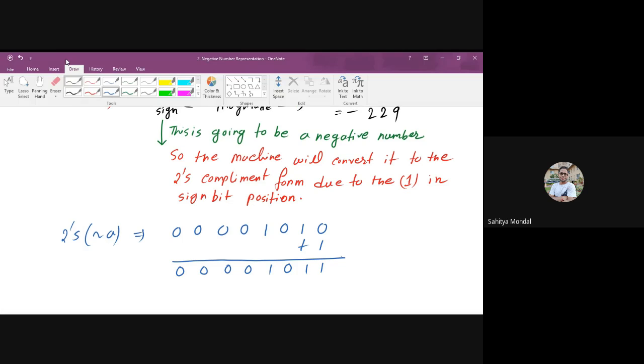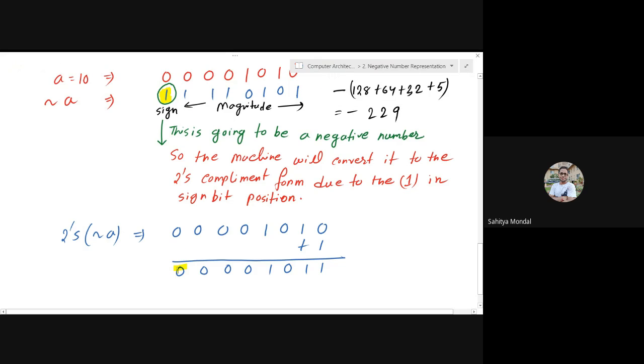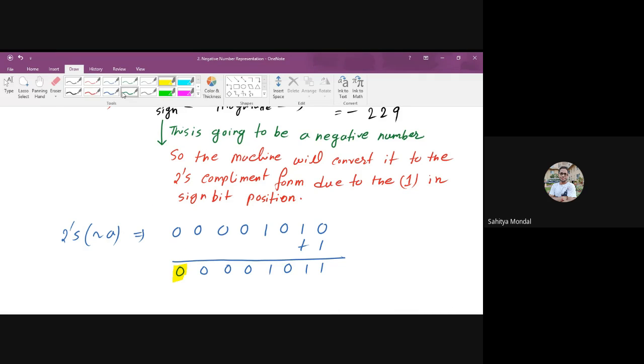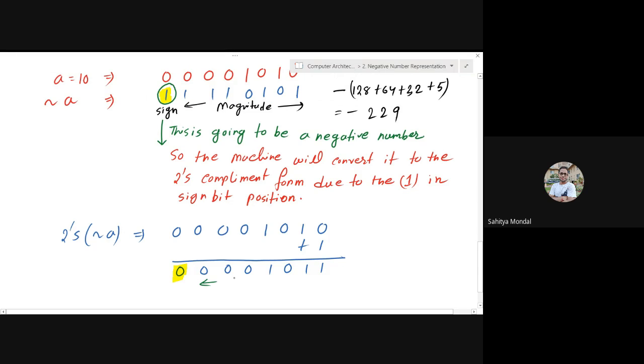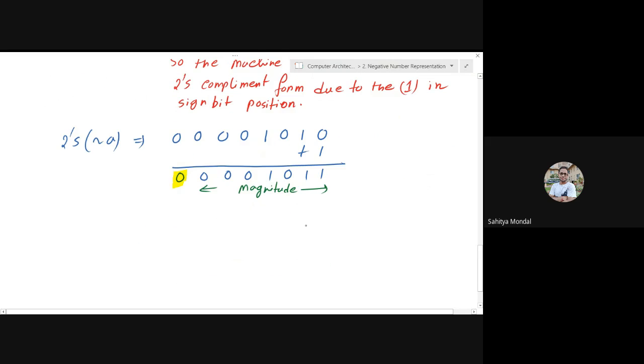Now the sign bit has become positive. So what is the magnitude? This is the magnitude. If you convert the magnitude 0 1 1 1, what do we get? We get 11.